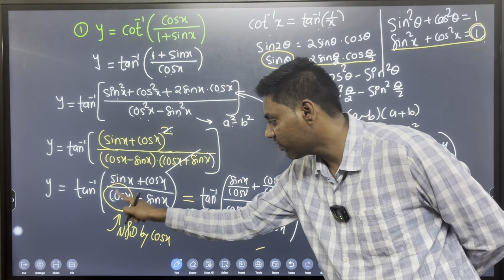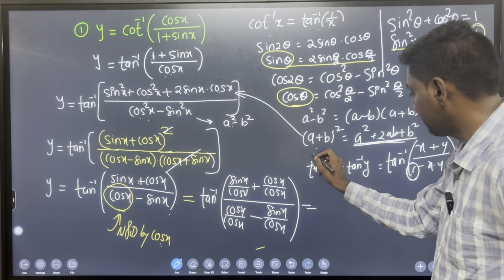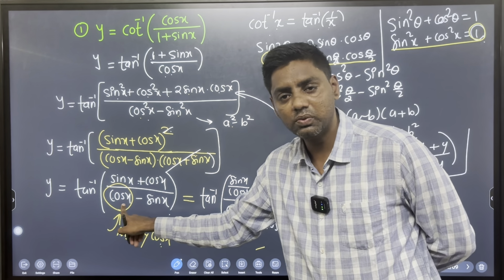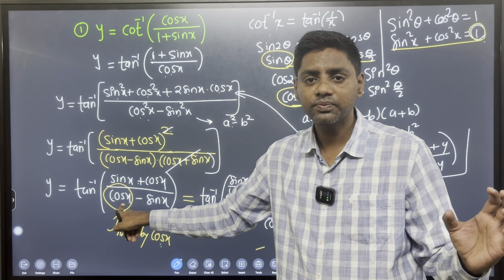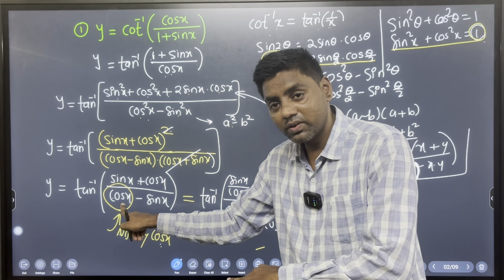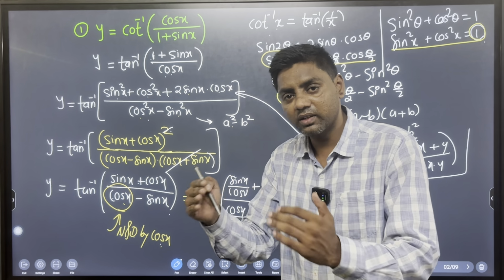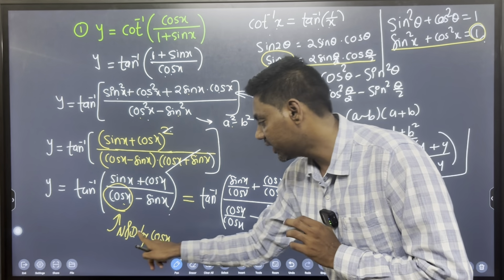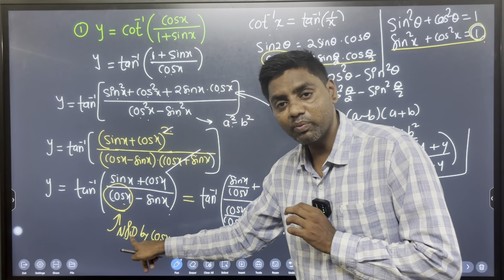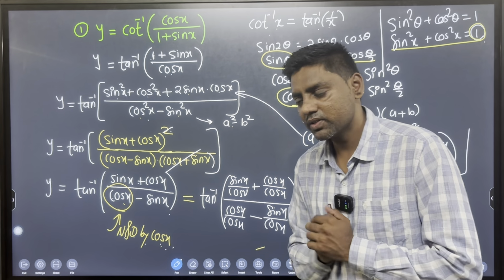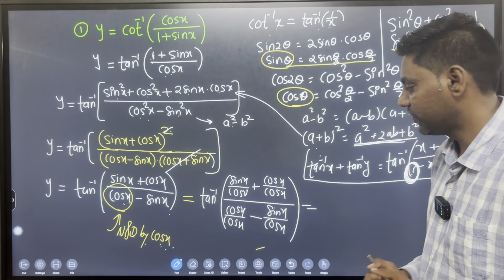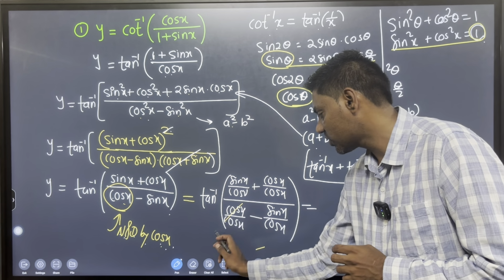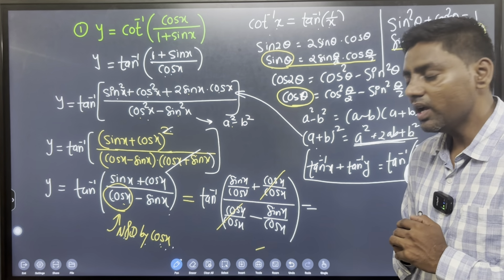Just remember how we find out the division by cos x. If you remember this formula, we observe that 1 is present, so to make it 1 we should divide by the similar term. So we divide numerator and denominator, then it can be adjusted: the adjustment of cos x, dividing numerator and denominator by cos x. Now cos x gets cancelled, and what is present?